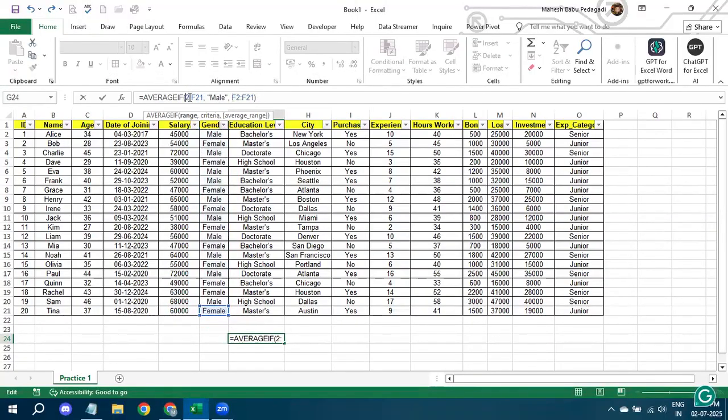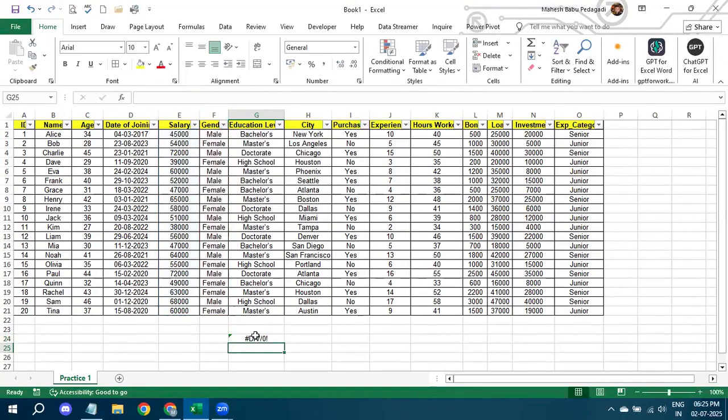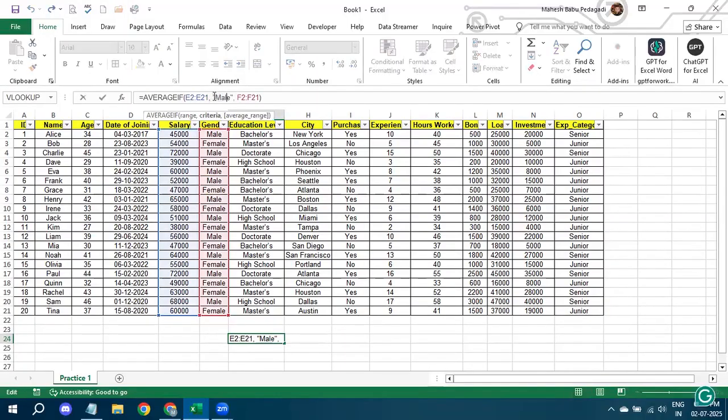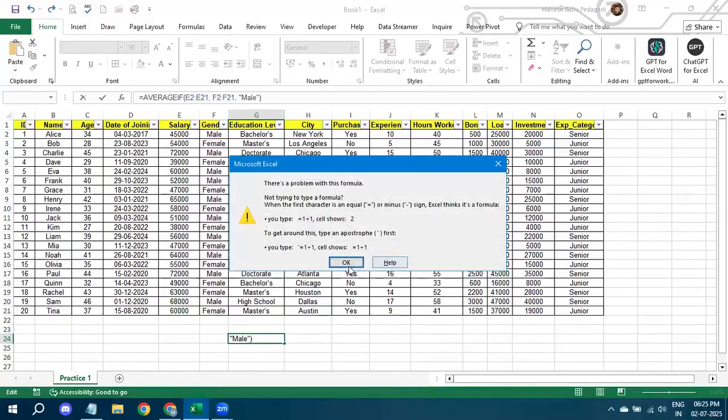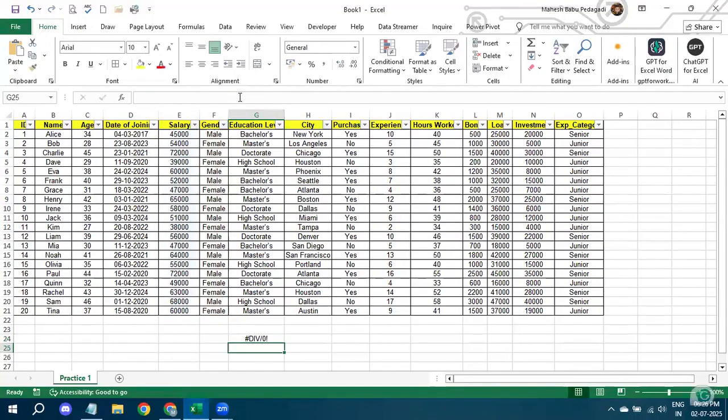Here it is E2. Still I'm getting the error. No, I think, sir, first one will be the salary, second one will be the range of gender, and the last one will be male. Initially, I think that was correct. No, we need to pass only the equal to sign actually. There is no other value. When I say equal to, it has to show the value.